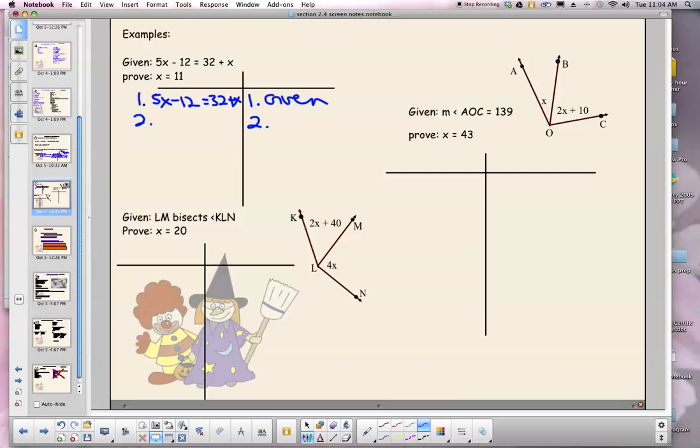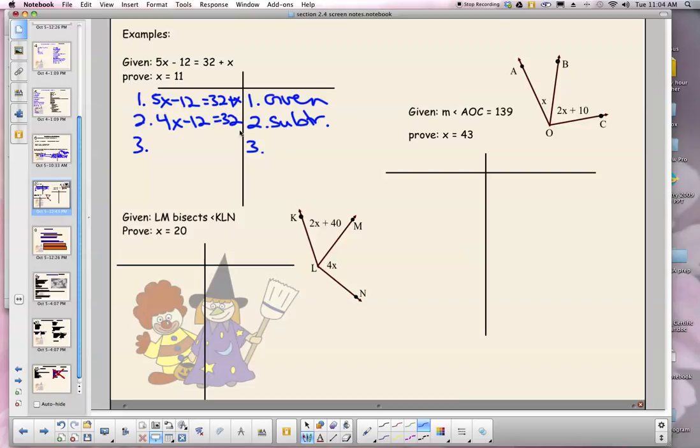Obviously, the algebra has a little bit of leeway. You can get your x's together first, or you could get your plain numbers together first. It makes no difference. I like to get my x's together first, so I'm going to subtract x from both sides. So I'm going to get 4x minus 12 equals 32. And what did I do? I subtracted the same thing from both sides, so that's the subtraction property.